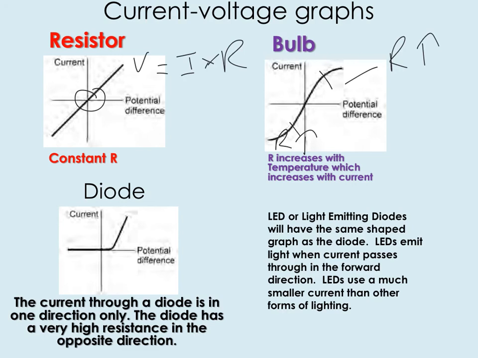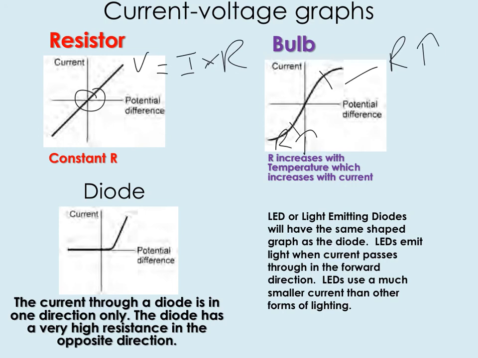The final graph we're going to look at then is a diode, and a diode has the current increasing with potential difference in one direction but not in the other. So remember that for a diode, the current through a diode is in one direction only. The diode has a very high resistance in the opposite direction, which means that no current can flow.